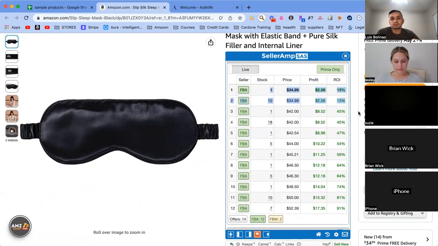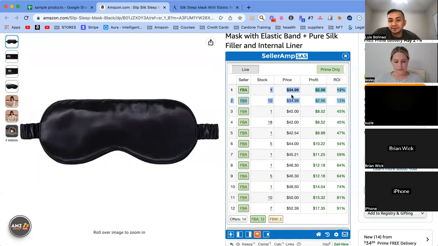So in your mind, when you're doing calculations, you'd be the third guy coming in at $34.99, basically, right? Well, in my mind, it's going to take my products about two to three weeks to hit the Amazon warehouse. So these two are going to be gone by then. Or you maybe could be the first charging $34.99.